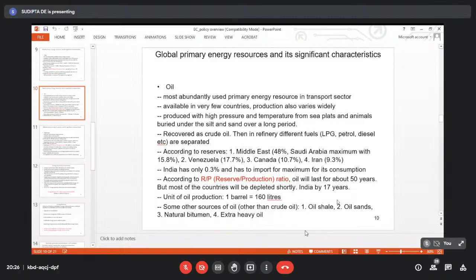And that's why everybody knows that these Middle East countries have a lot of implications on the international political scenario. So this unequal distribution has a lot of problems.